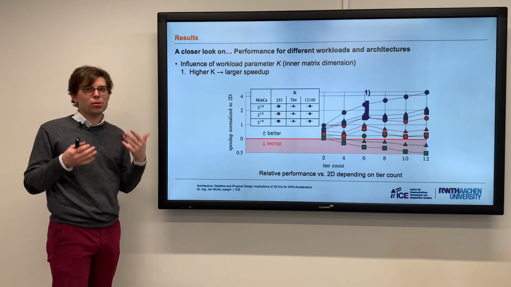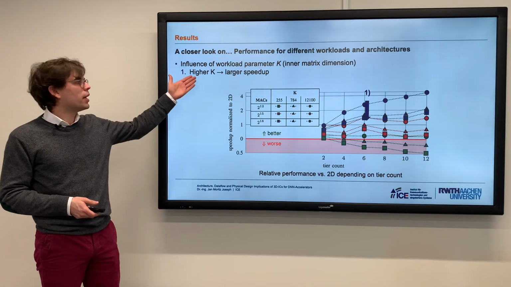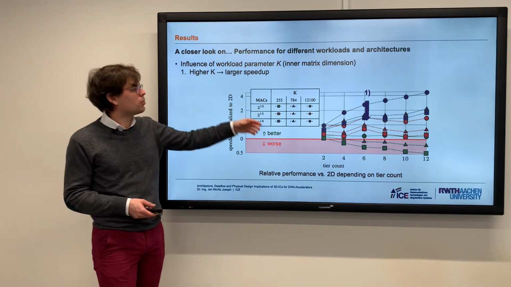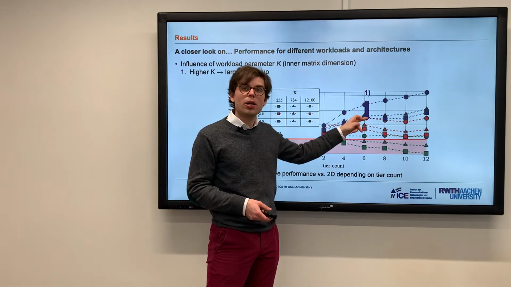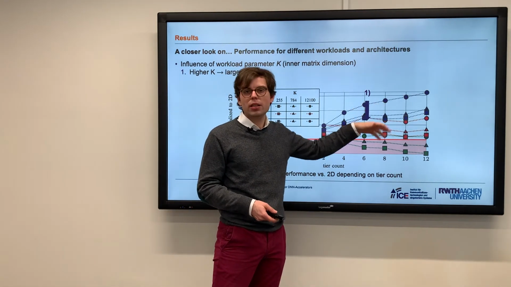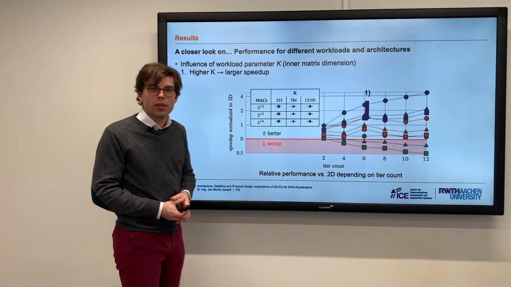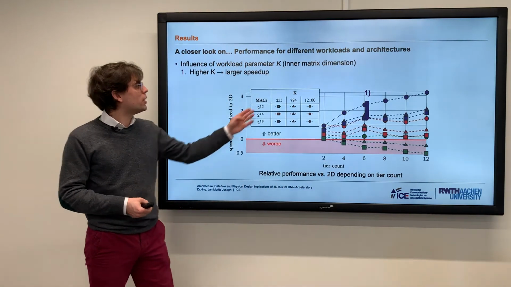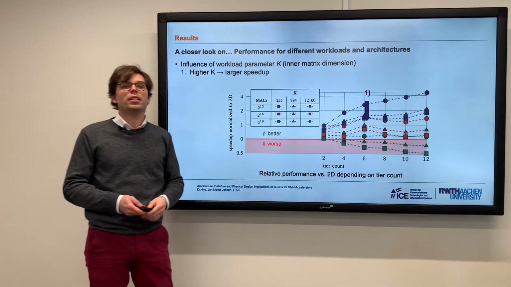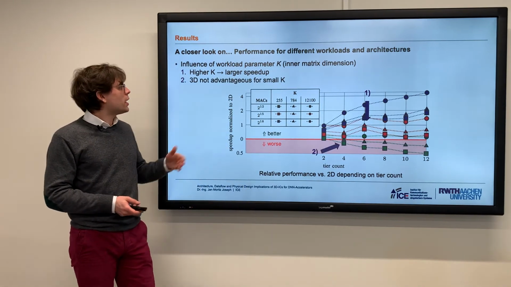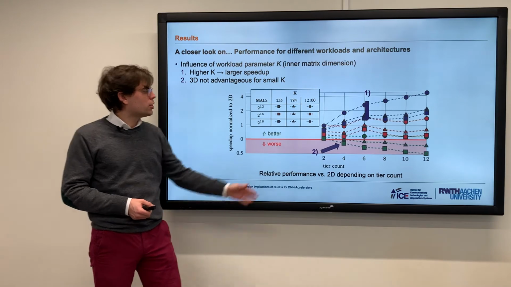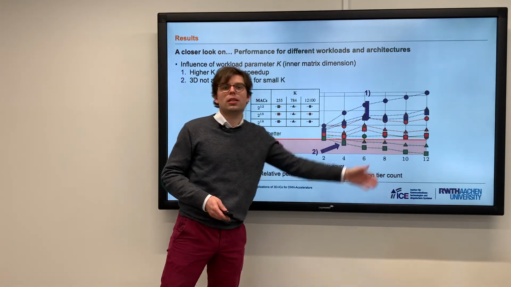And the two most important findings here are that if k is higher, you get a larger speedup. So this is what you can see here. For one color, you always see that the circle has a higher speedup than the other two pictograms here. So basically, if you increase k, you increase your speedup versus 2D. And the second finding is that 3D is not advantageous for a small k, as shown for the green examples at the bottom.